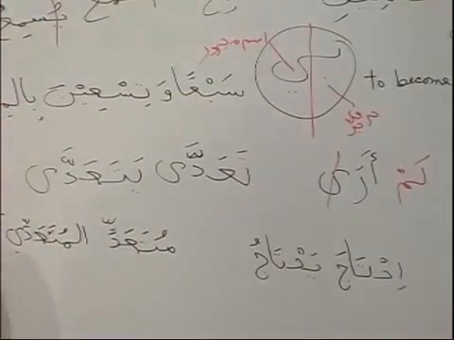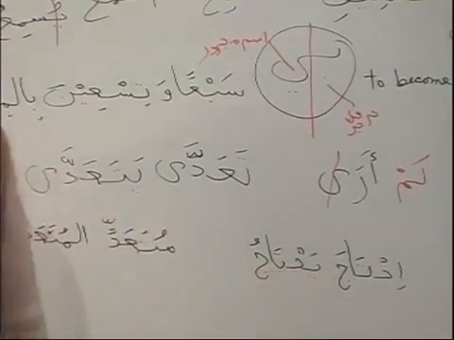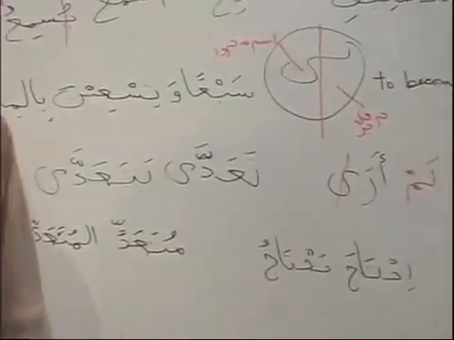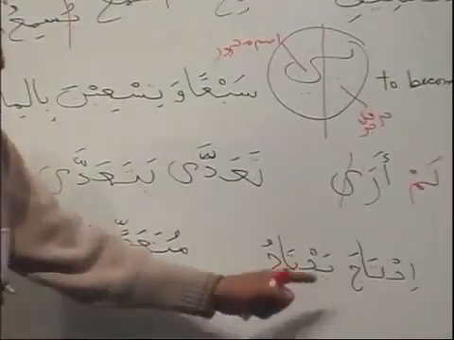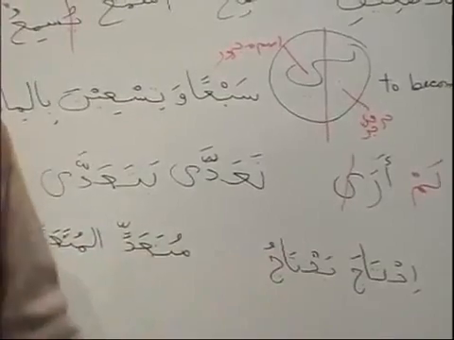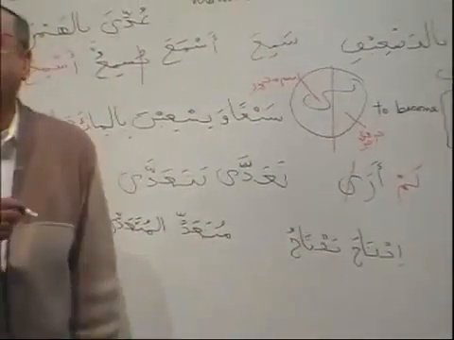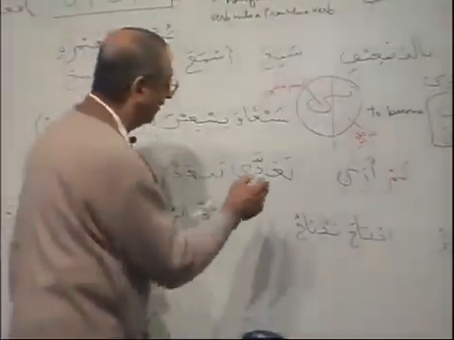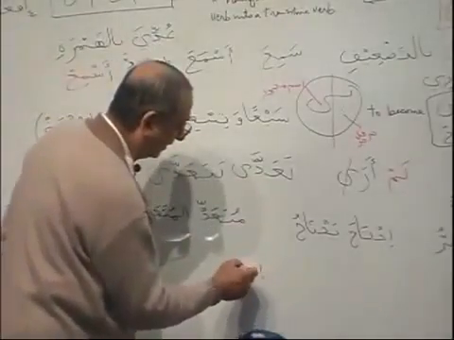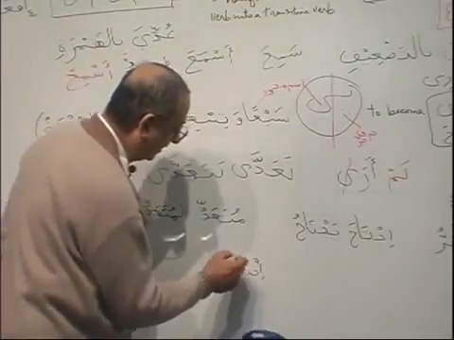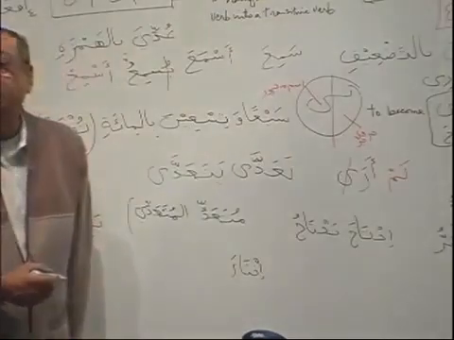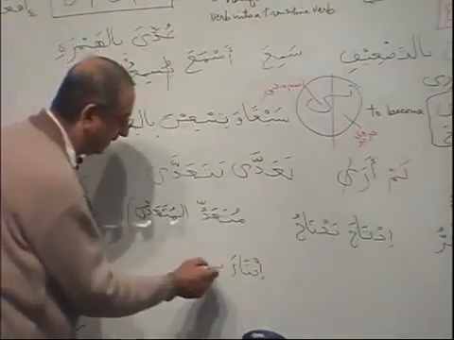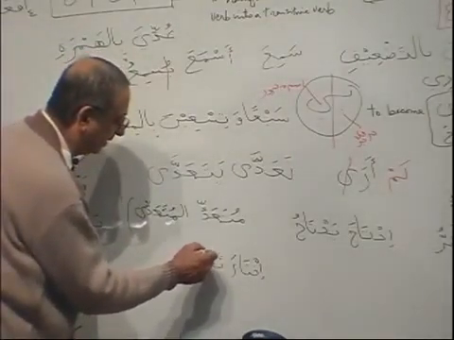In this form 8, this kind of a verb, and we will come across several of them. Ihtaja, yahtaju. Ikhtara, remember? If you remember, ikhtara, what will be Mudariya? Yakhtaru.